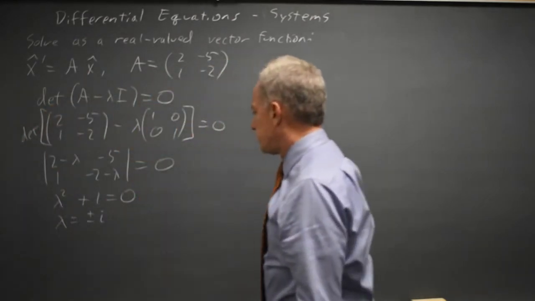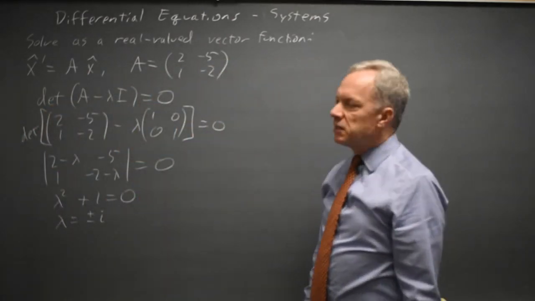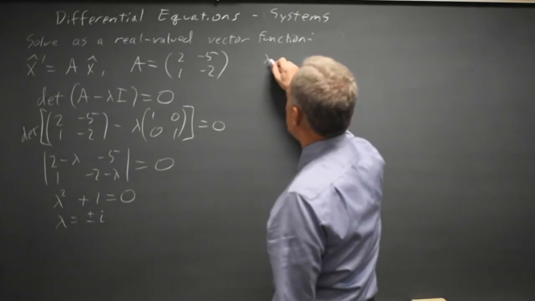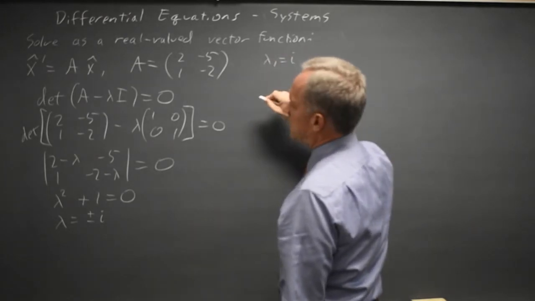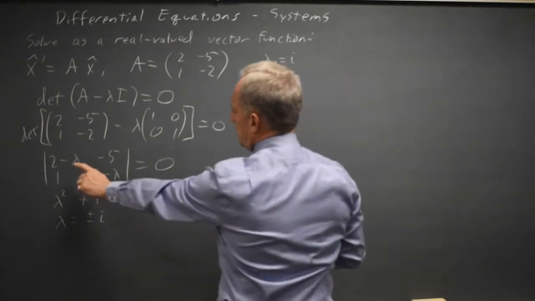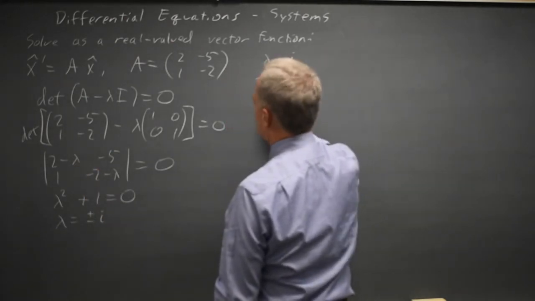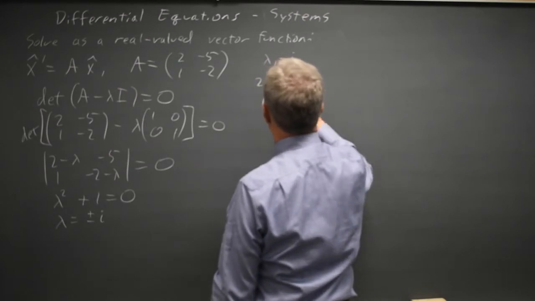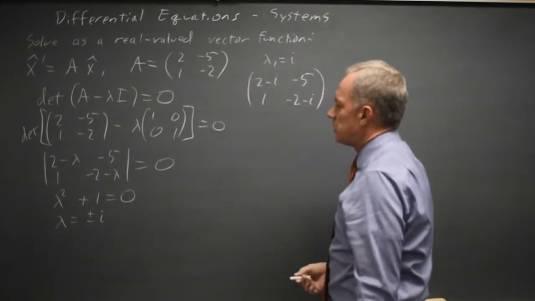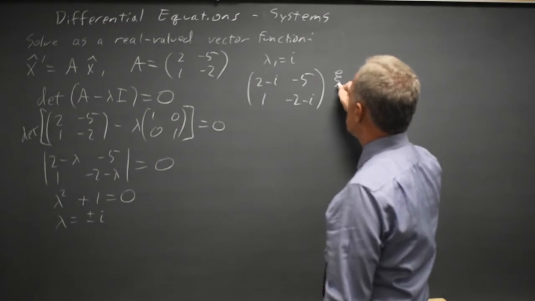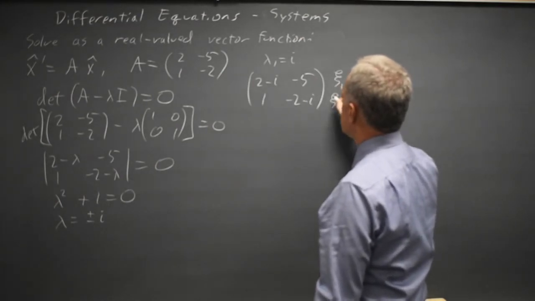Now that I have complex conjugate eigenvalues, I'm going to use lambda 1 equals positive i, substitute that in here as a matrix, [2 minus i, -5; 1, -2 minus i], times my eigenvector xi, xi1, xi2.